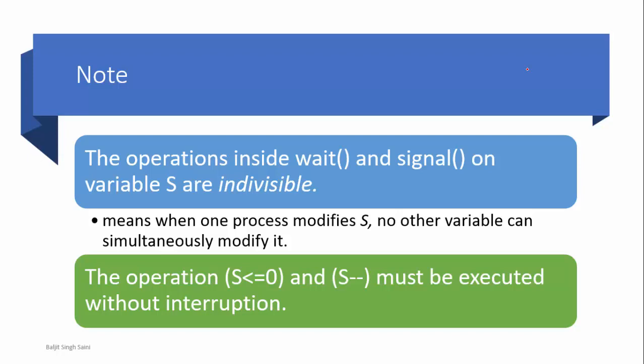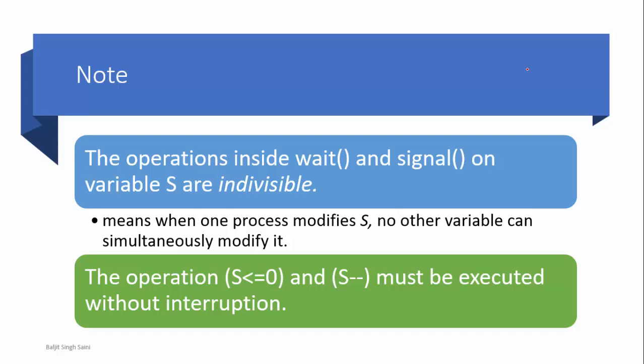The important point to remember here is that both these operations, wait and signal, are indivisible. You cannot further divide them. What is meant by this? If a process is executing either wait or signal, it cannot be preempted until the instruction is completed. Okay, meaning if a process is executing a wait or signal operation, then you cannot preempt it.